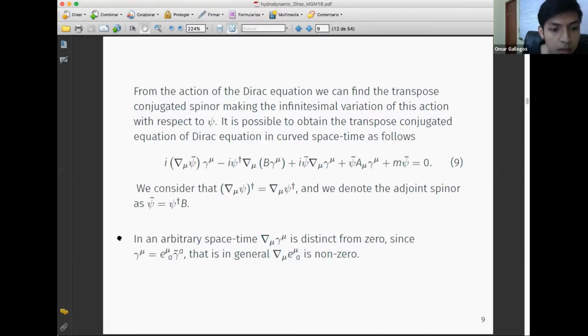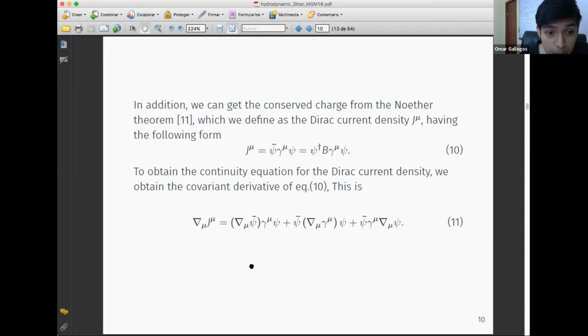One important fact is that the covariant derivative of the gamma matrices in curved spacetimes is not zero. This is because the covariant derivative of the tetrad coefficients is not zero. The density current for fermions is given by equation 10. Again, we return to the standard quantum field theory definition if we take the B equal to the zero gamma matrix in flat spacetime.